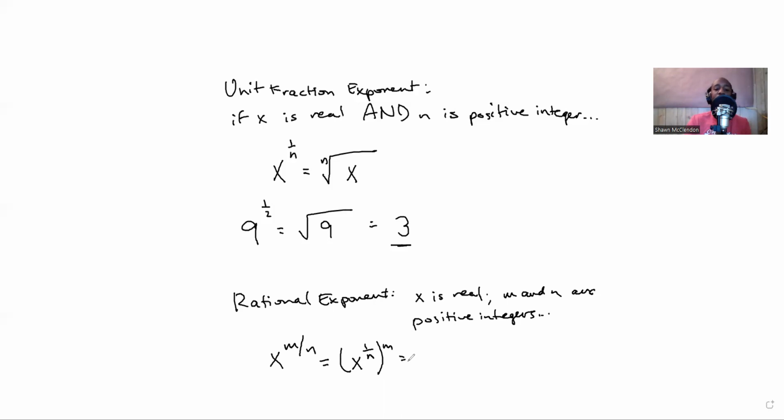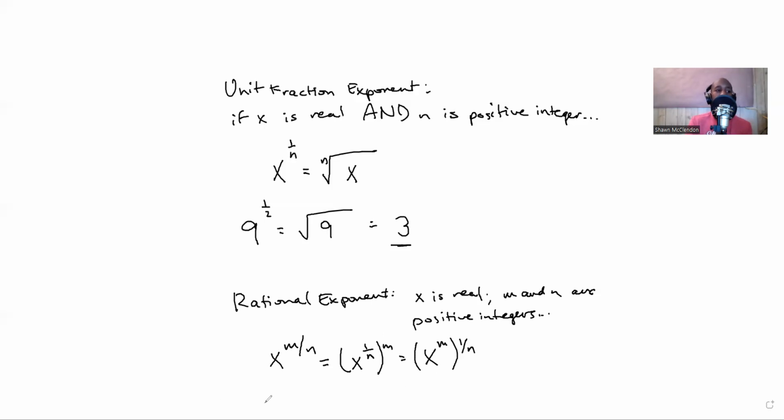And it's also equal to x to the m, all that to the 1 over n power. So basically, all that's saying is that you can split up the way you define this whenever you have m over n like this. It's either all this raised to the m power, or all of this with the m raised to the 1 over n. So just take your time and really look at that.